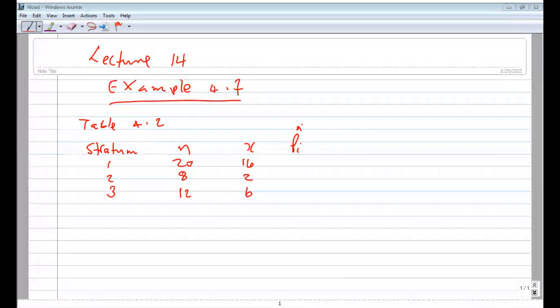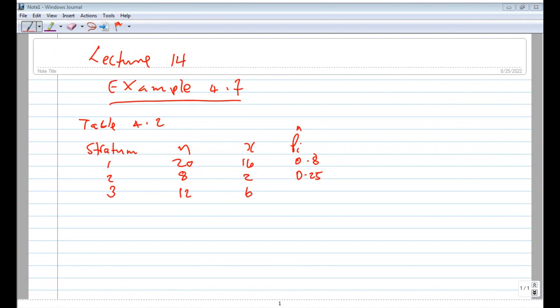Then we were supposed to estimate the population proportion for each stratum, which is pi hat. Now we've already done that. To calculate the population proportion for stratum number 1, you take 16, then divide by 20, and you get 0.8. We did it last time. Then the estimated population proportion for stratum number 2 is 2 divided by 8, which is 0.25.